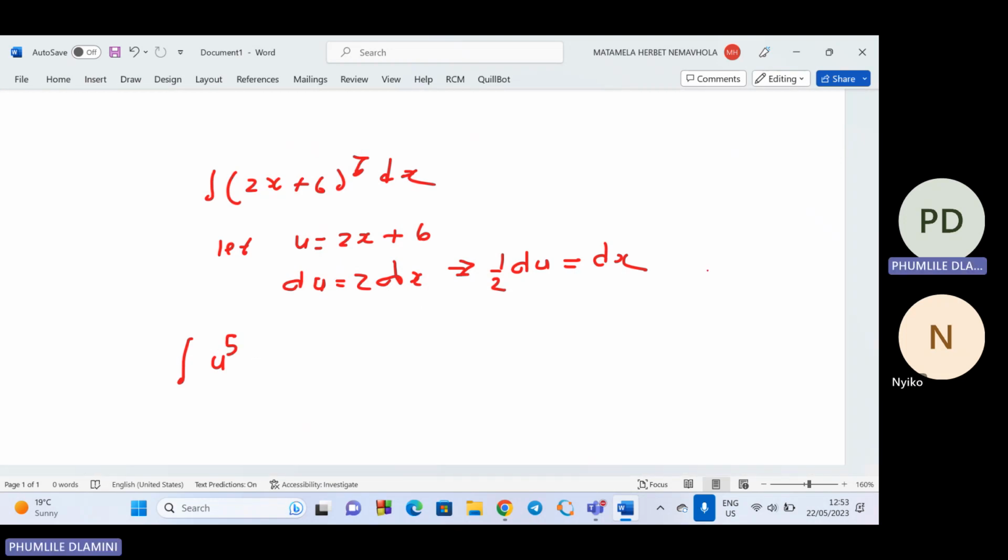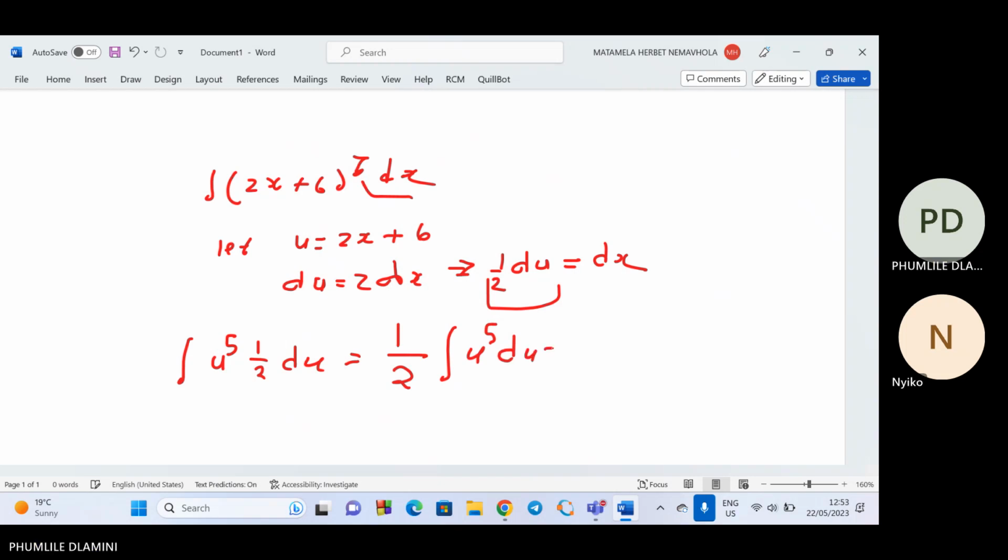Where there is dx, we have 1/2 du. Now this is going to be 1/2 integral of u^5 du, which equals 1/2 times u^6 over 6 plus c.